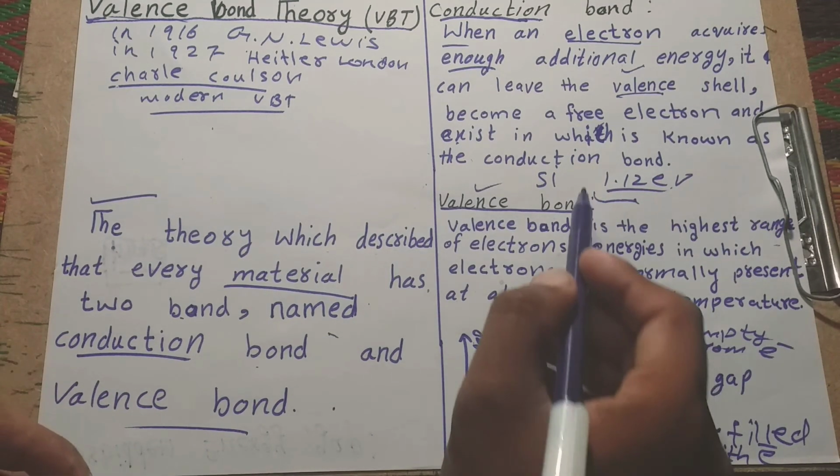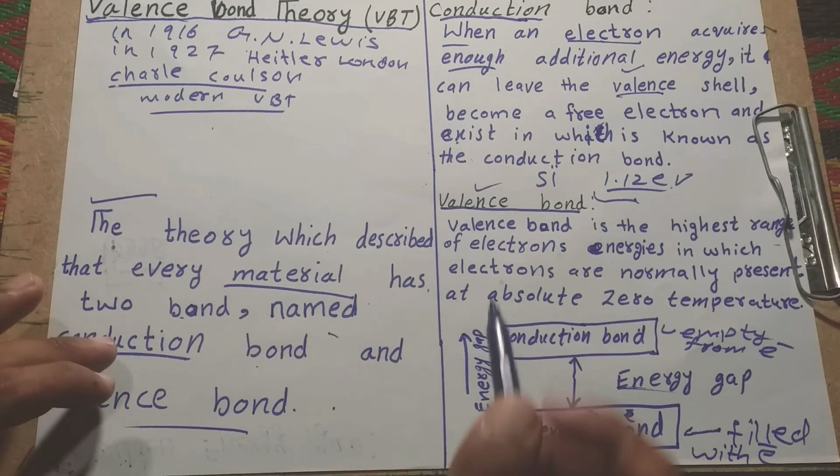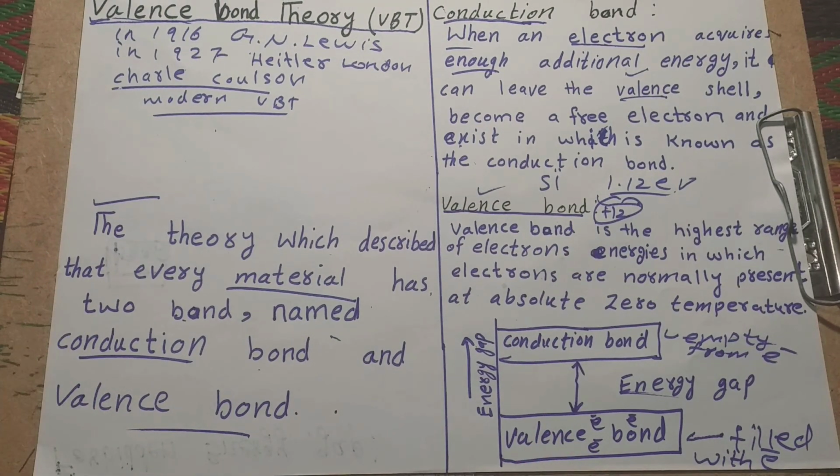Also, for the valence band, an example is hydrogen, where one electron exists in the valence shell, and H2 is formed in the valence band. The energy gap increases from the valence band to the conduction band. We will study the energy gap in detail in the next lectures, but here we only get the concept. The energy gap is the difference between the valence band and the conduction band.